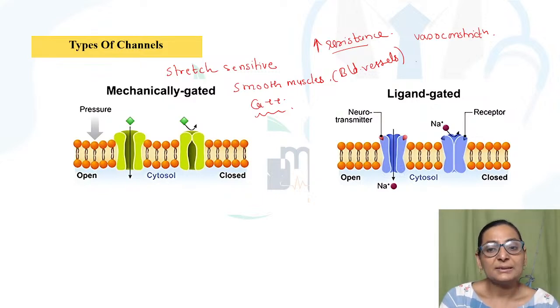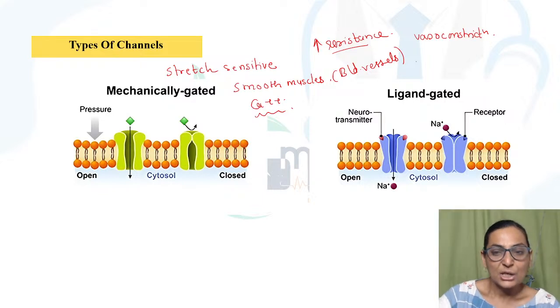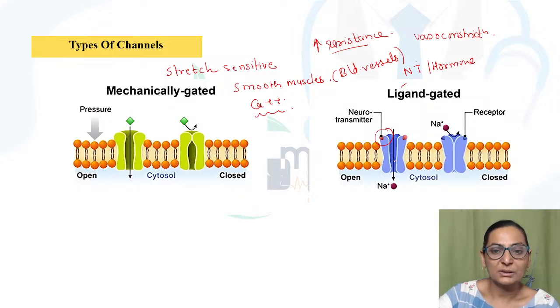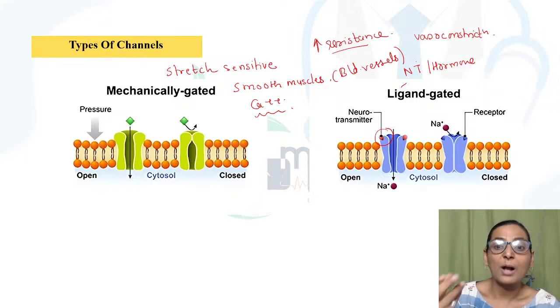Third important are the ligand gated channels. So ligand means there is some neurotransmitter or hormone which binds to the receptor site on the channel. And once this binds, what happens? The channel will open and allow ions, maybe sodium, potassium, or calcium, to come inside.